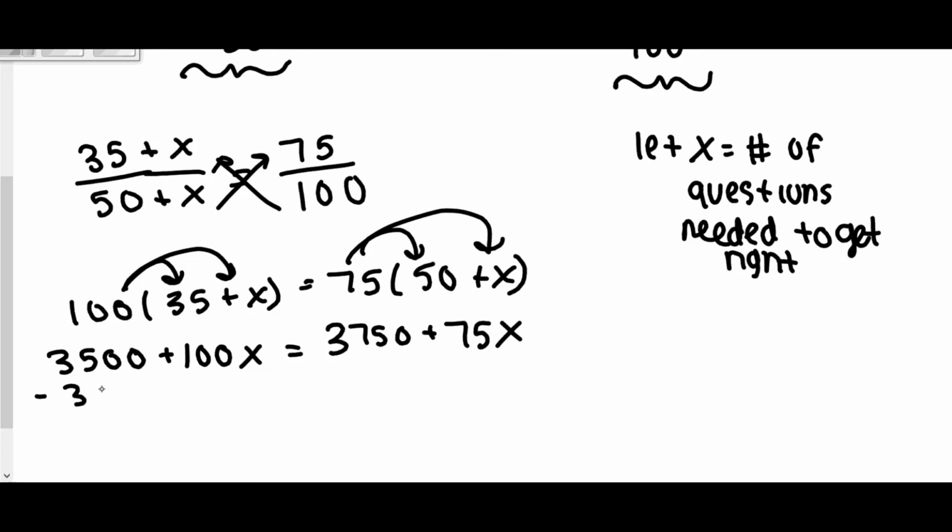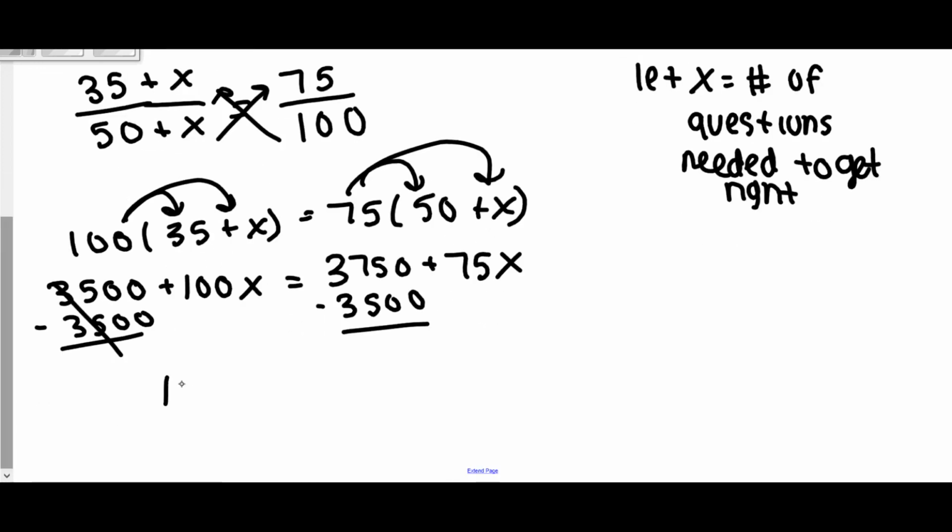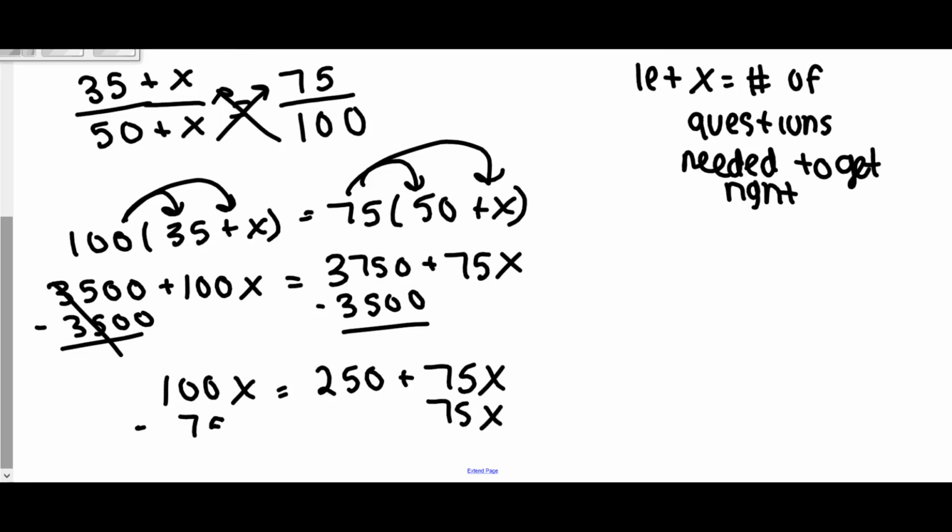So I subtract 3,500 from both sides. You're left with 100x equals 250 plus 75x, subtract 75x from both sides.